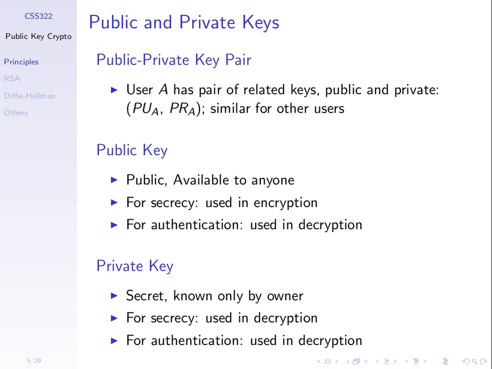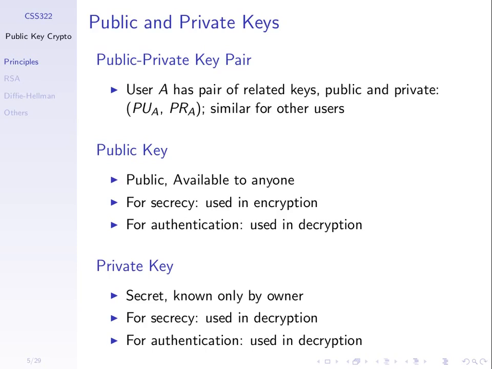And we can achieve two different security services with public key cryptography. We can try to do confidentiality, or listed on the slide, secrecy. I want to send a message to someone such that no one else can see the contents of that message. That's what we use symmetric key encryption for. Keep a message secret or private.